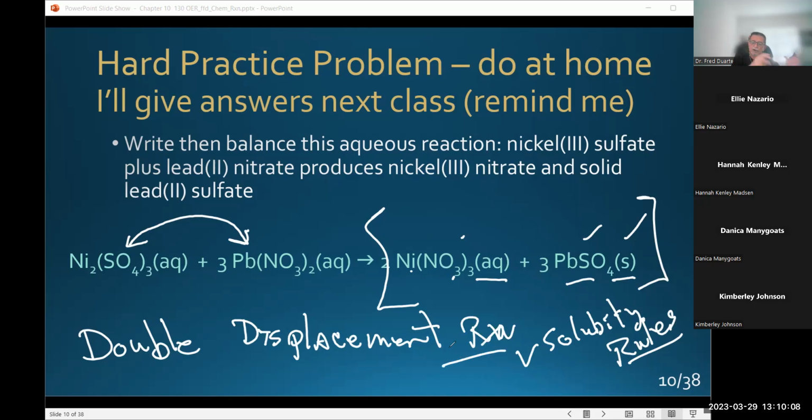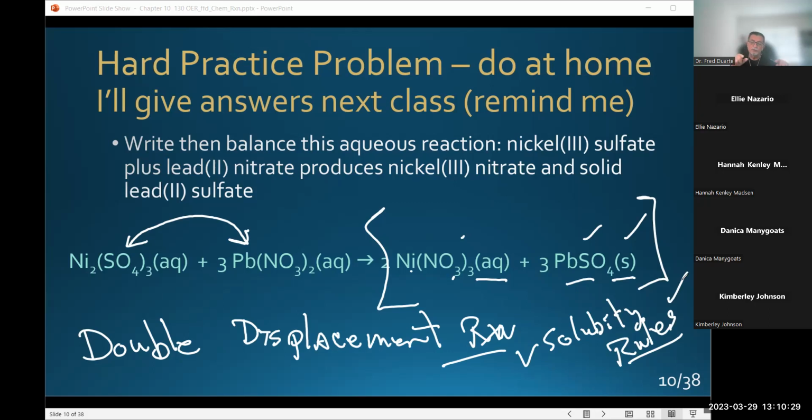Okay, for double displacement reactions, a positive reaction is when one of the new products, based on the solubility rules, is insoluble and it precipitates. That indicates a positive reaction.